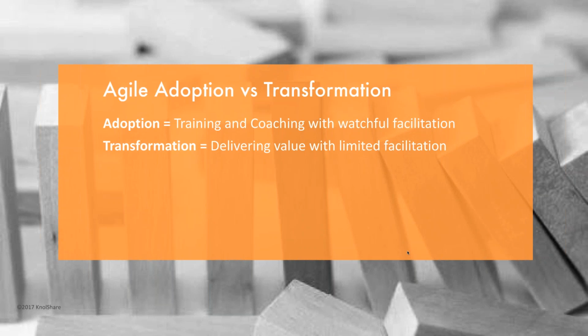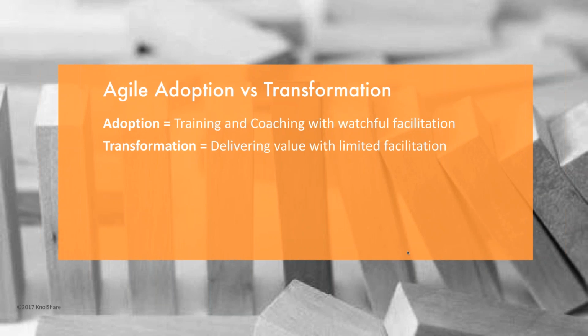We need to do our stand-ups. Or why are you two not talking to each other when you're working on the same things or common things? We're missing these dependencies. That's the adoption. And to me, this adoption takes time. It's not something that's instantaneous. And as you know, with anything else, it takes practice for you to get good at anything that you do. So adoption is one of the first things that happens.